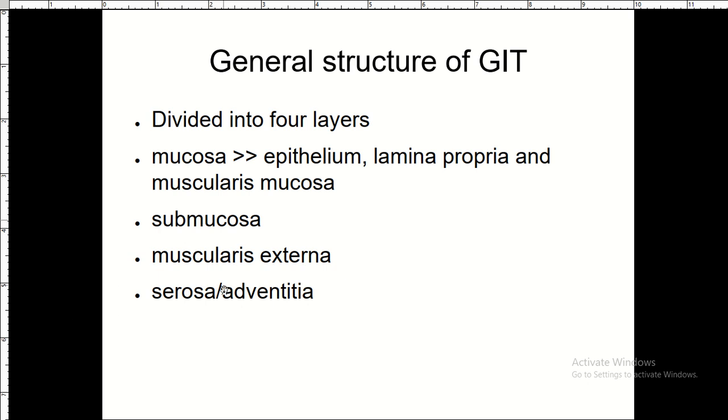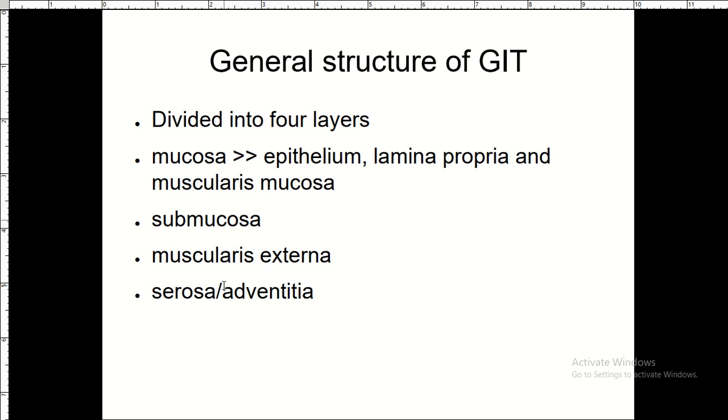Depending on the region, the muscularis externa is mainly classified into two: an inner circular layer and an outer longitudinal layer. But in the stomach, the muscularis externa is going to have three layers. It's going to have an inner oblique layer, a mid-circular layer, and an outer longitudinal layer.